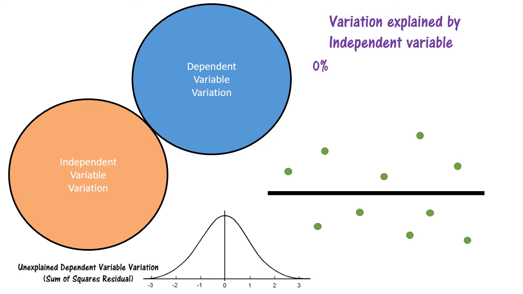Remember, if the sum of squares residual gets more and more narrow, so should the data points away from that regression line. They should get closer and closer to the regression line. So if the residuals come to be 0, then all of the data points should also have 0 deviation from the line.